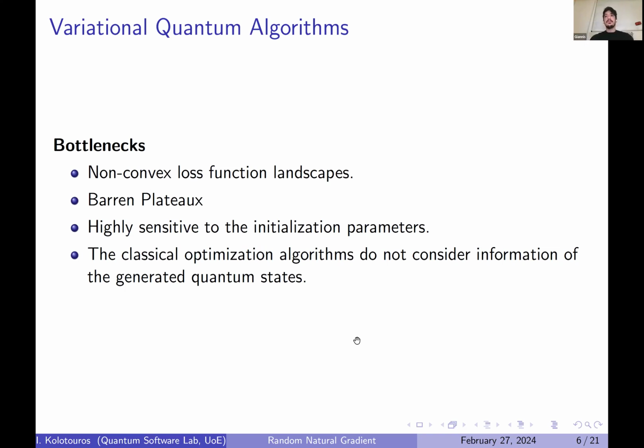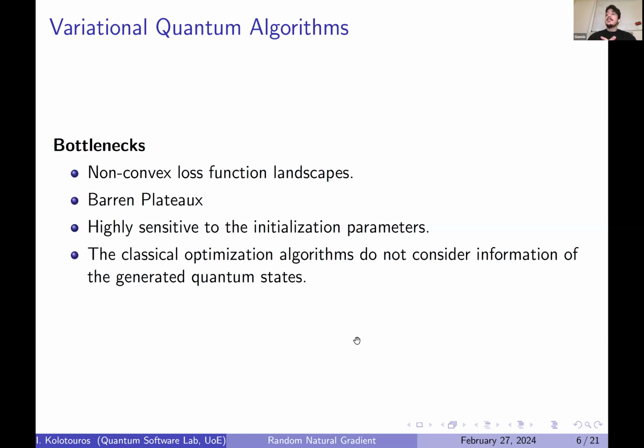Which means that if you want to even move in the landscape, you would have to use an exponential number of measurements so that you will know in which direction to move. And finally, what we would like to state is that the classical optimization algorithms that people use most of the time, like gradient descent, COBYLA, SPSA (I'm going to talk about quantum natural gradient in a few seconds), treat the quantum computer as a black box.